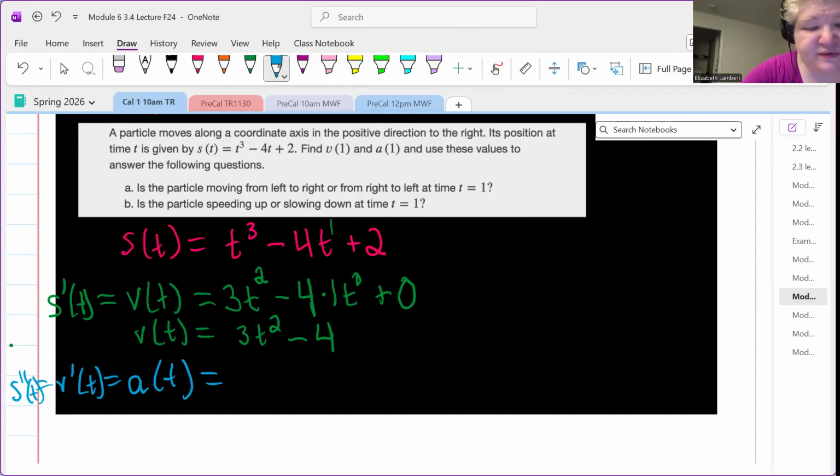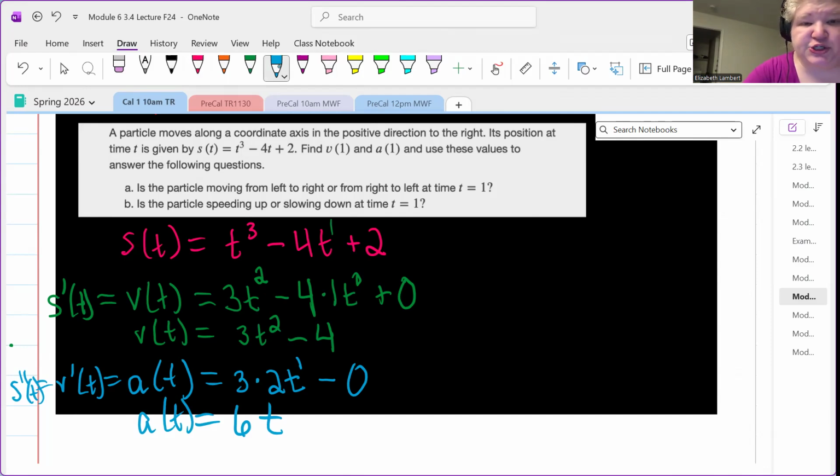So just taking the derivative of that result we just had, so I have 3 times the derivative of t squared, the 2 comes down, t to the 2 minus 1 is 1, minus 4 is now just a constant, so the derivative of a constant is just 0. Sorry, normally it's a t squared and then a t term, so I was expecting it to be a constant. So our acceleration function is just 6t.